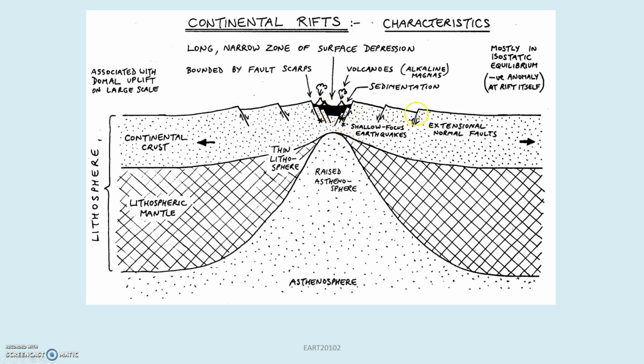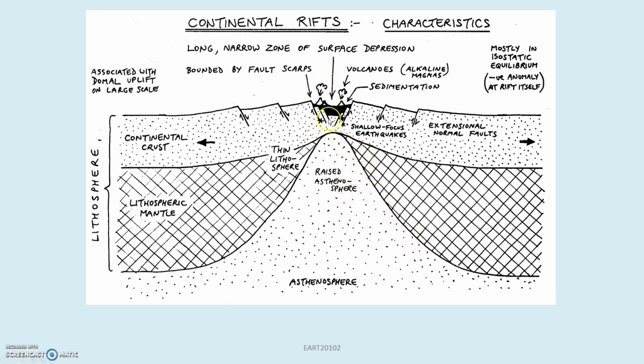And then we have a number of these normal faults as we move away from the centre. Okay, and we have steep slopes, steep fault scarps, which you can see in the East African Rift, created by these normal faults. And this is caused by the raising of the asthenosphere below the rift.